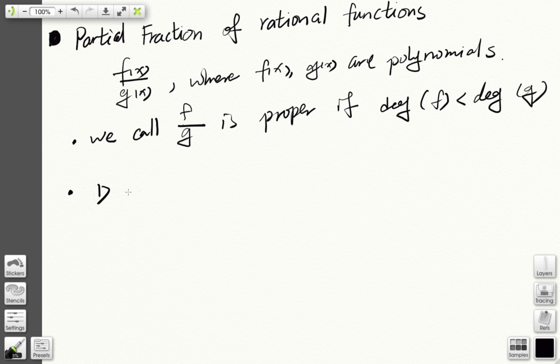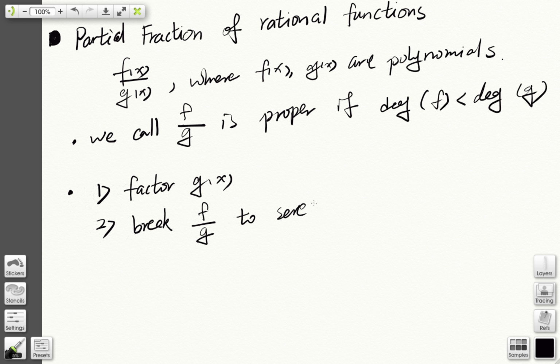The method can be divided into 3 steps. The first one is to factor g of x. And the second one is to break f over g into several simple parts.